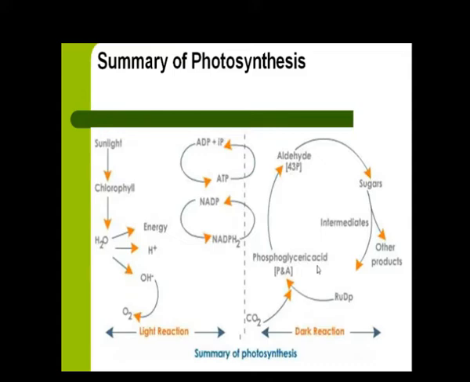The 5 carbon RuBP combines with CO2 to form a 6 carbon unstable intermediate, which is immediately broken down to 2 molecules of 3 carbon phosphoglyceric acid, converted to glyceraldehyde, sugar, and from this glyceraldehyde you can again regenerate RuBP.